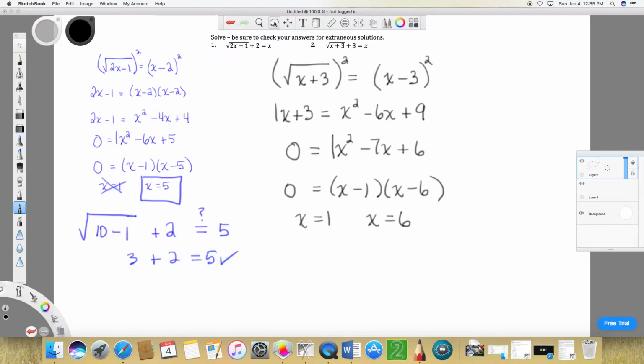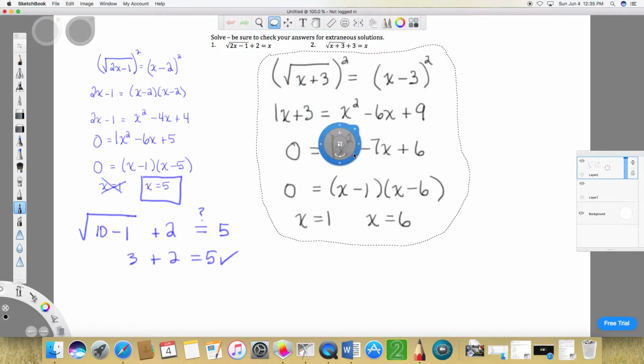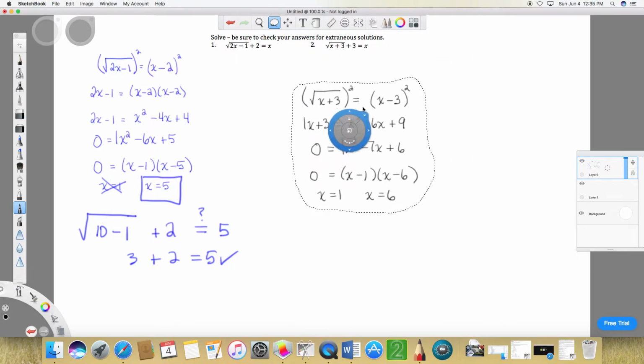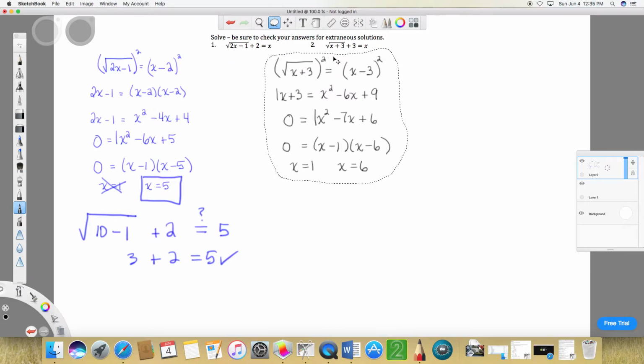But we know from our discussion about extraneous solutions, that when you do something to both sides that's non-invertible, you introduce the possibility of extraneous solutions. So let's come in and check x equals 1.